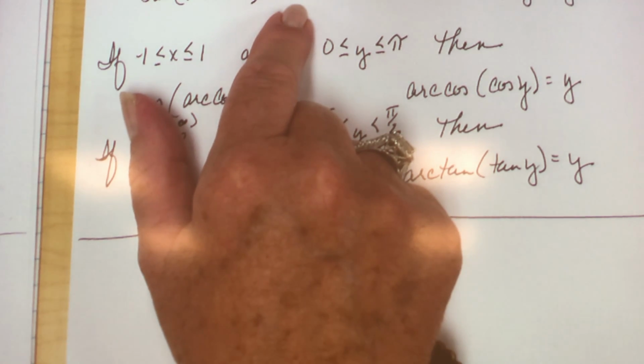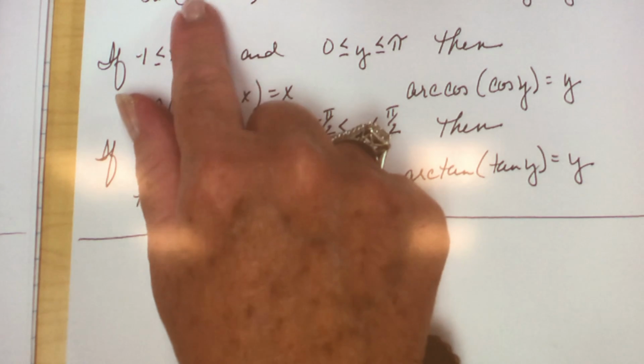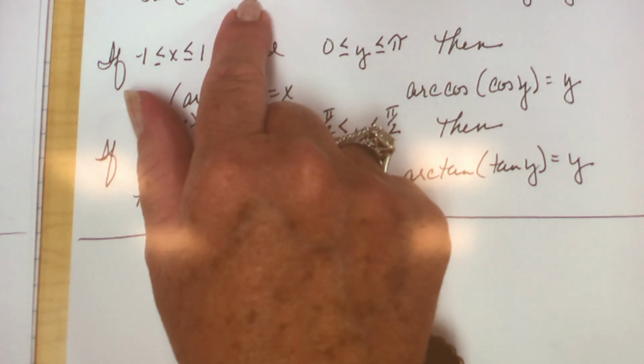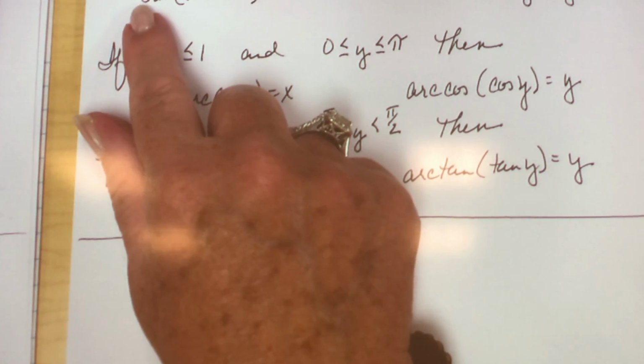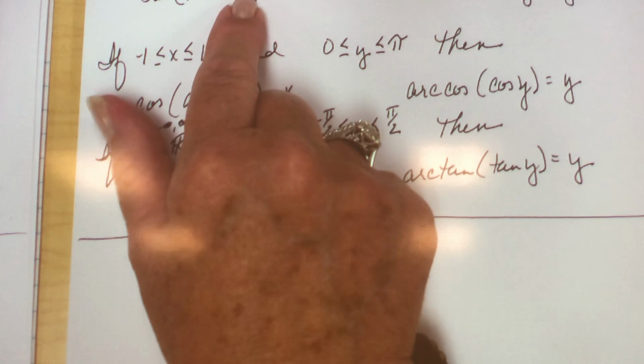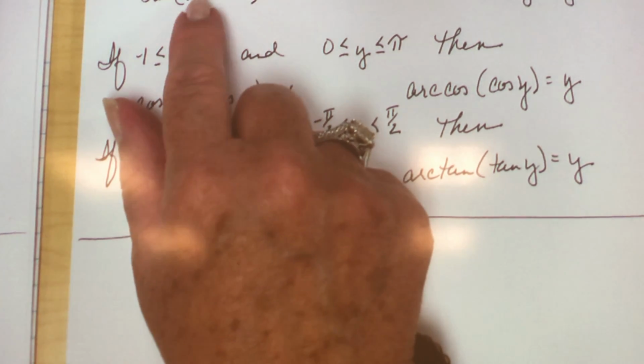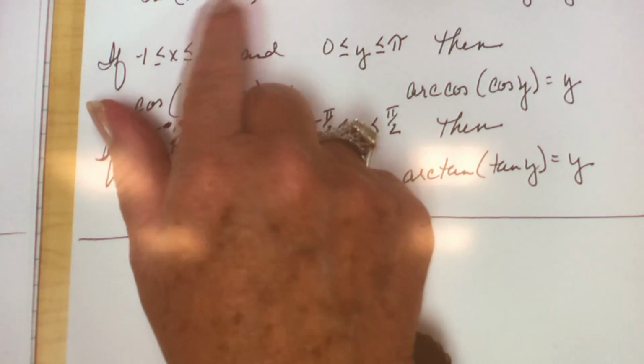That number. This right here is the angle whose sine is this number, so when I take the sine of this angle, I better get that number. Notice this: the angle whose sine is a number.